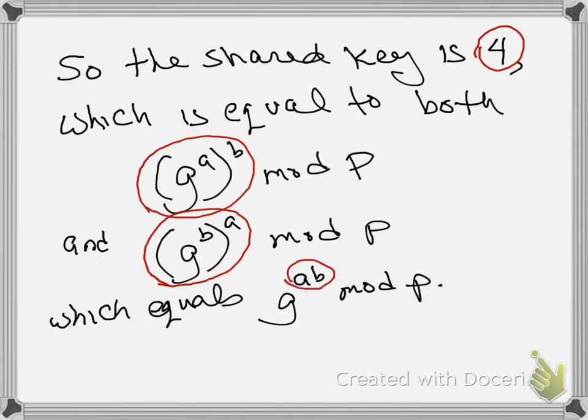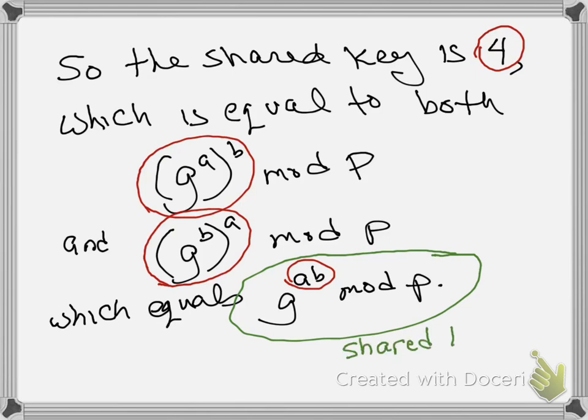And that's why the values are going to be the same. And so the bottom line is the shared symmetric key is going to be g to the power of ab mod p.